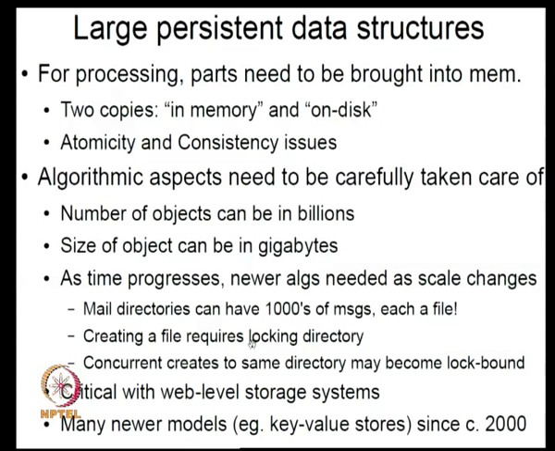In addition, there are concurrency issues. If you create a file, you need to lock the directory. Why is that? Because you have a directory and you are adding something to it. You may want to update some structures. I told you something about hashing structures so that you can look up fast, or even just the simple fact that previously I had 999 files, now I have 1000 files.